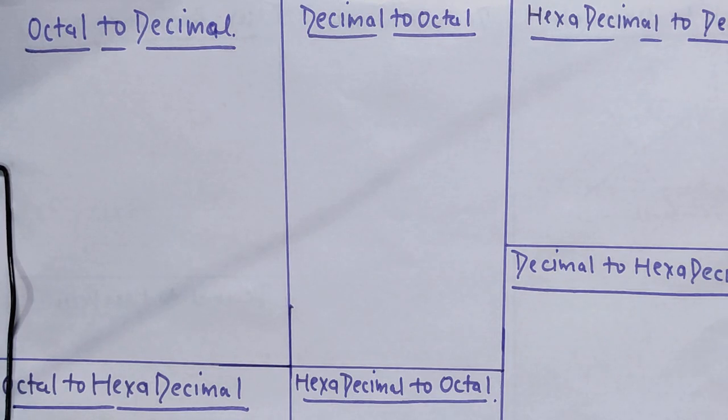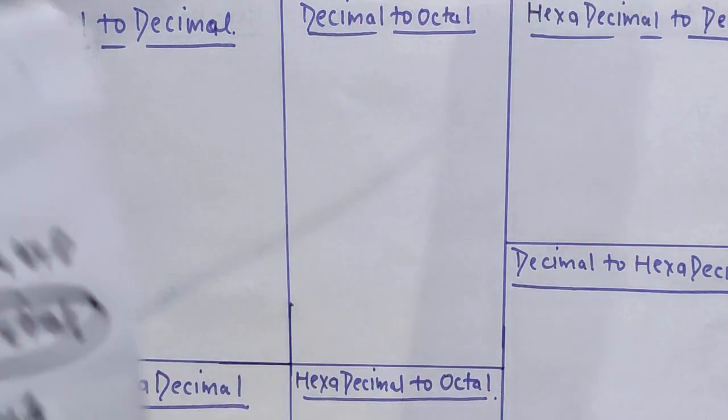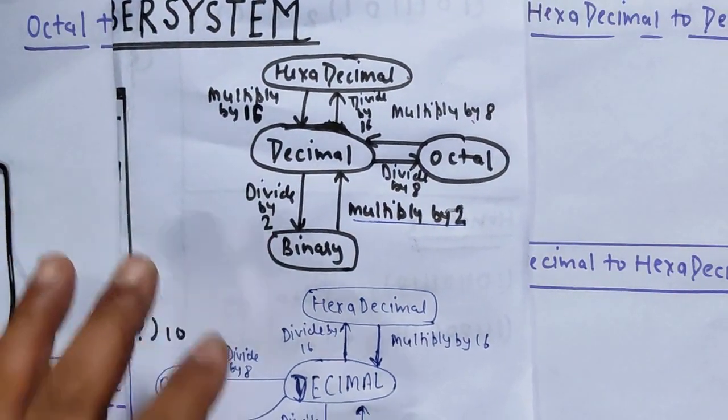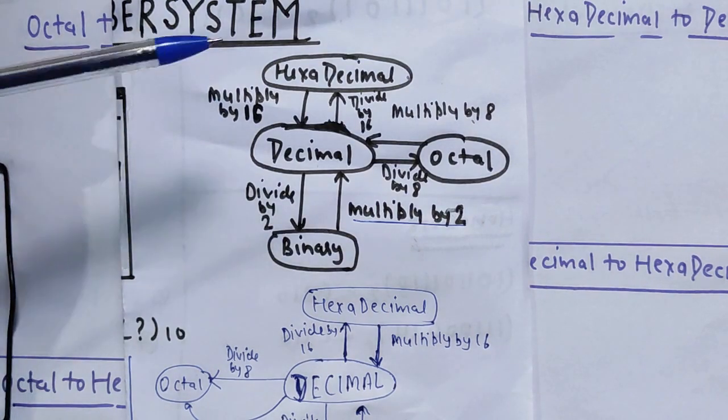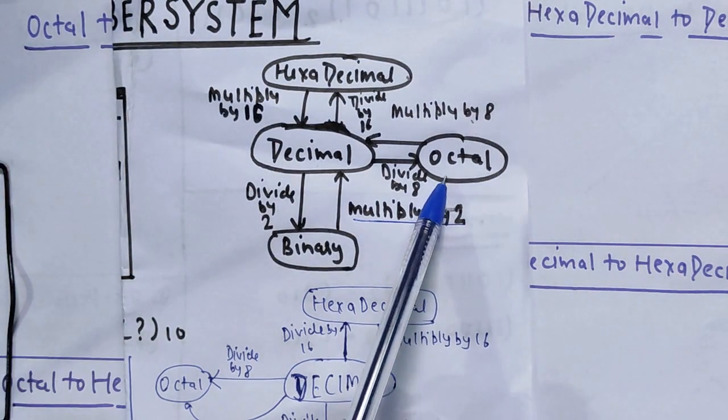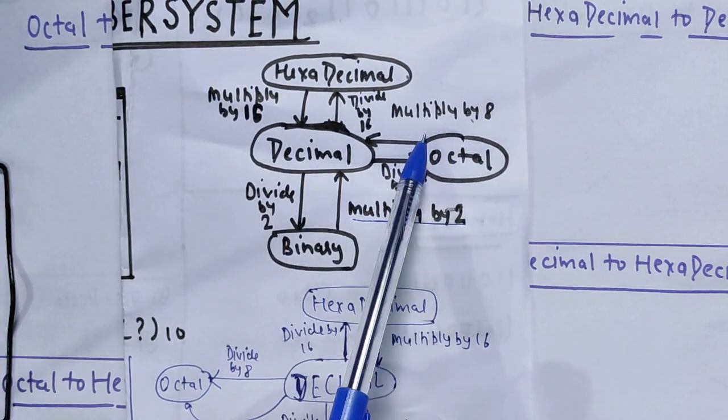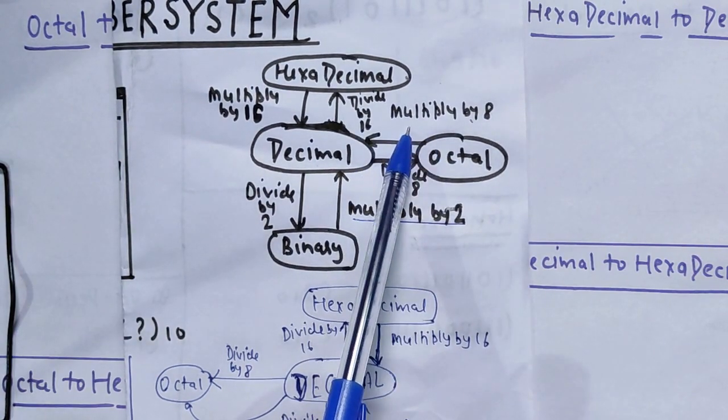Before starting, I want to show you the flow chart that I told you about in the first class, showing how to convert a hexadecimal number into decimal, binary into decimal, and octal into decimal. If I want to convert an octal number into decimal, I will multiply.